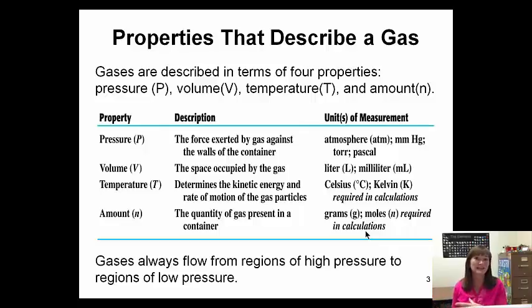So what tends to happen is our air tends to flow from Hood River and the Dalles through the Columbia Gorge and ends up in Troutdale as quite a big wind that we experience. So that's a result of the fact that there's higher pressure usually in Hood River, lower pressure in Troutdale, so wind is going to travel from Hood River to Troutdale because gases flow from regions of high pressure to regions of low pressure.